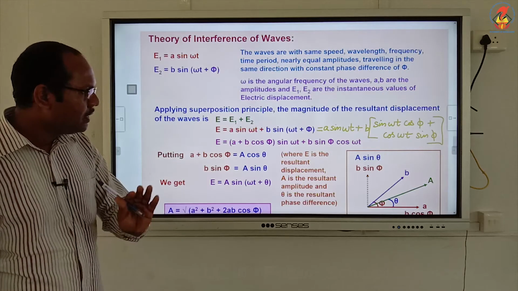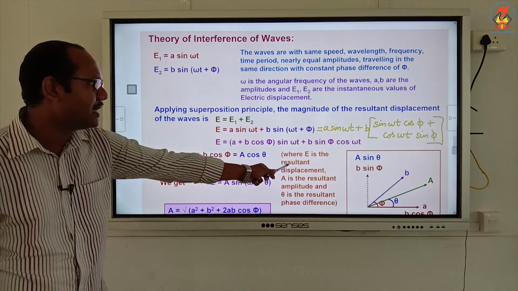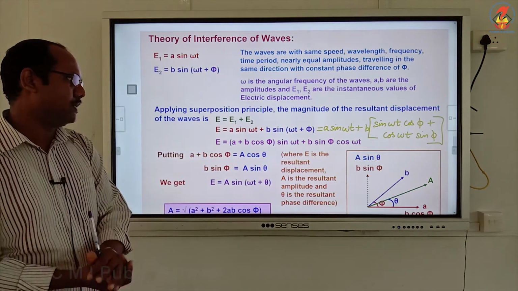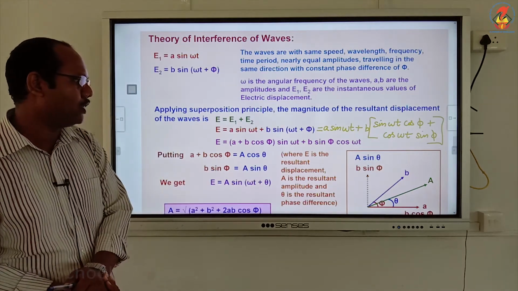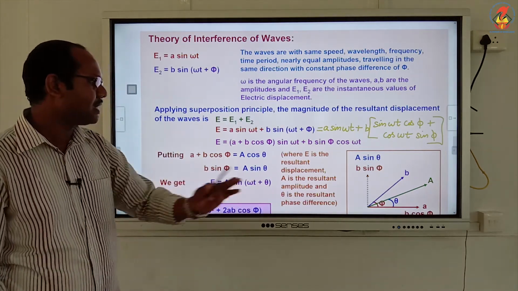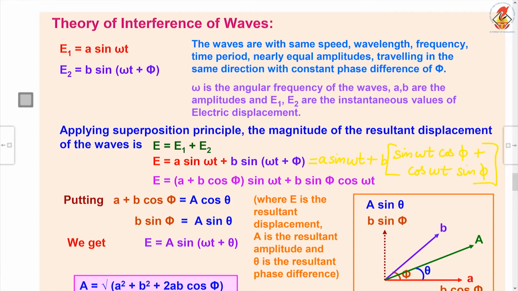Now this capital E is the resultant displacement, capital A is the resultant amplitude and theta is the resultant phase difference. I am going to put A plus B cos phi as capital A cos theta and B sin phi as A sin theta.